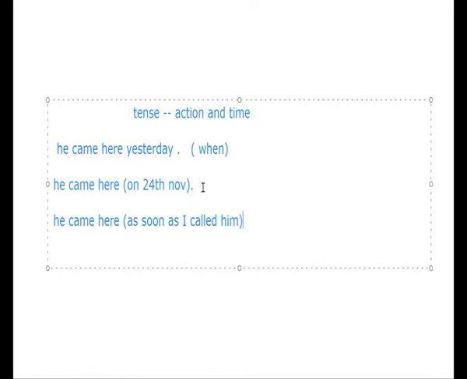So when can be a single word, a group of words, or a secondary sentence. This when decides the form of the verb here. That is what? Action. Your verb depends on time. Time can be checked with the question asking when.